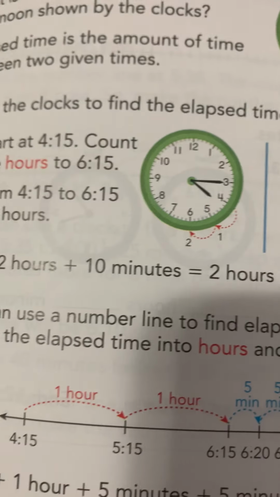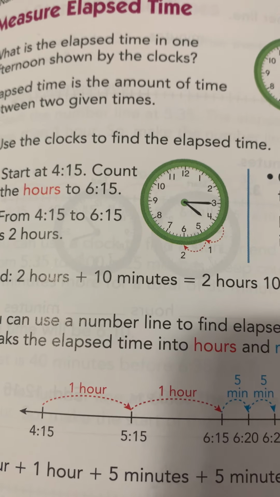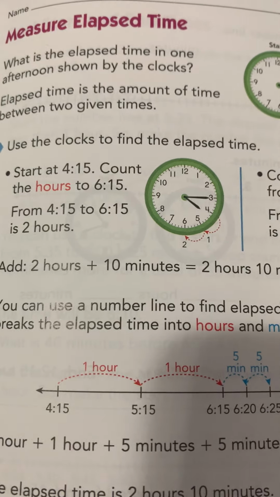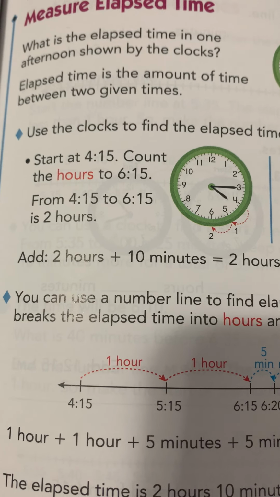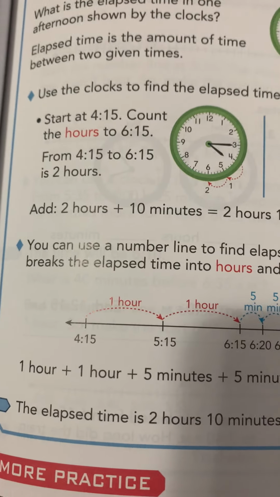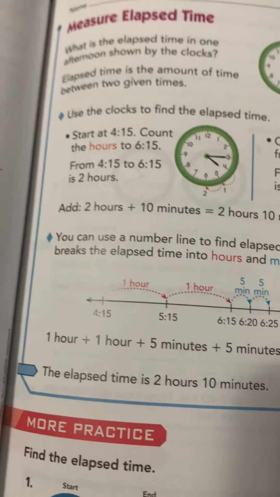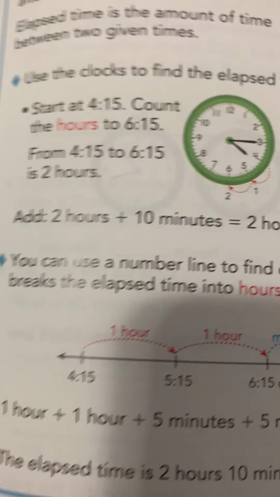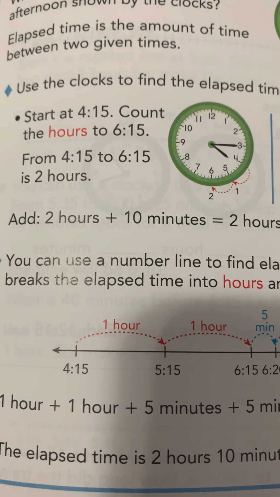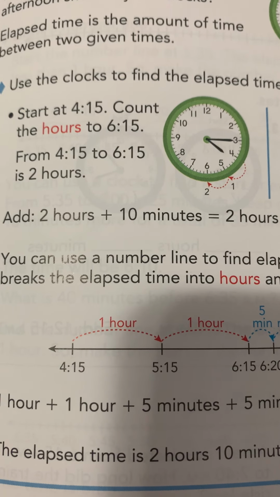So what is the elapsed time in one afternoon shown by clocks? As I just said, the elapsed time is the amount of time between two given times. Use the clocks to find the elapsed time. You're going to start at 4:15 and count the hours to 6:15.